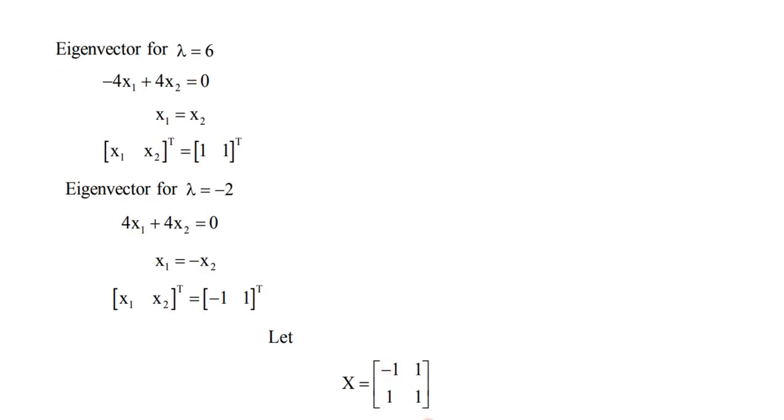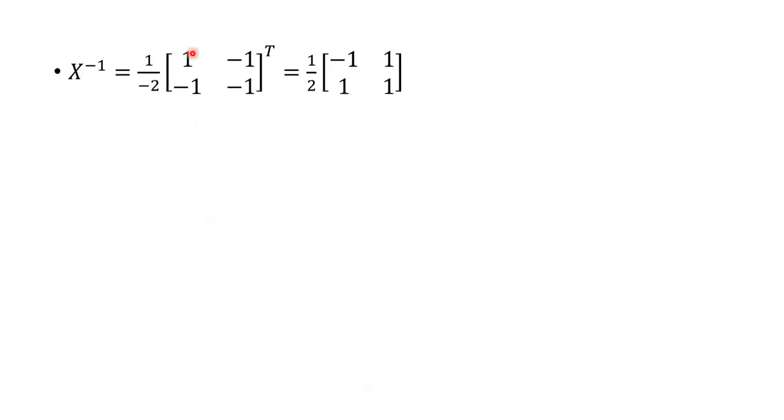For a 2 by 2 matrix, to get the cofactors we interchange the main diagonal entries and put a minus in the sub diagonal entries. That is, we have a 1, -1 and put a -1 in the sub diagonal entries. We have -1 -1, and you take the transpose of this cofactor matrix. So the inverse of a matrix is the transpose of the cofactor matrix by the determinant of the matrix.